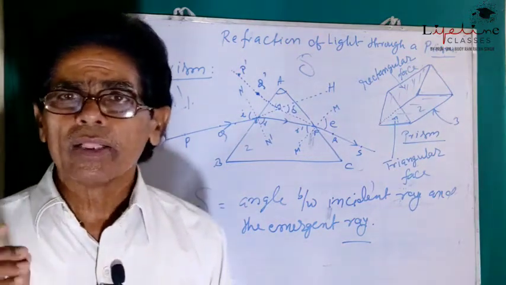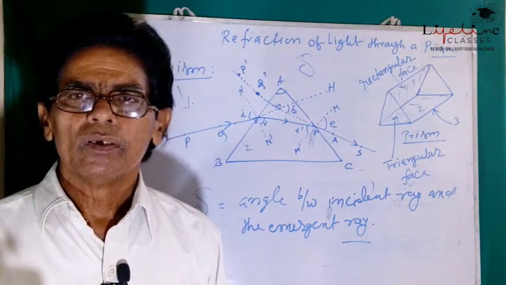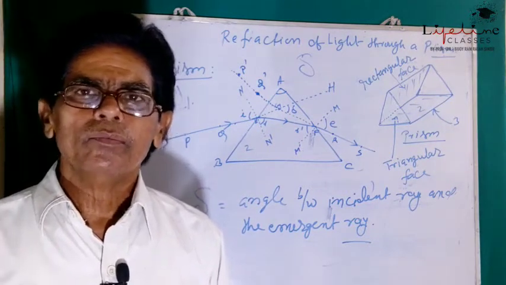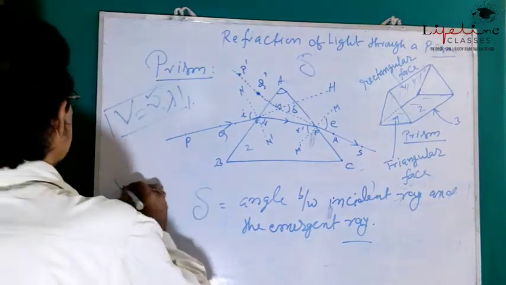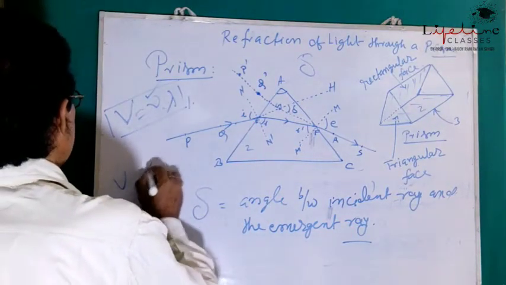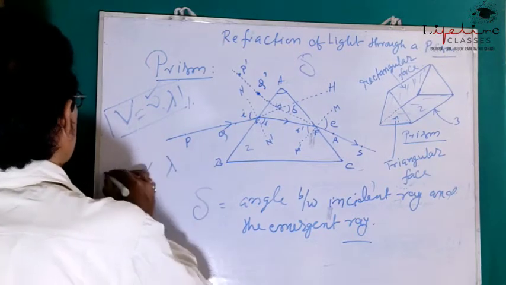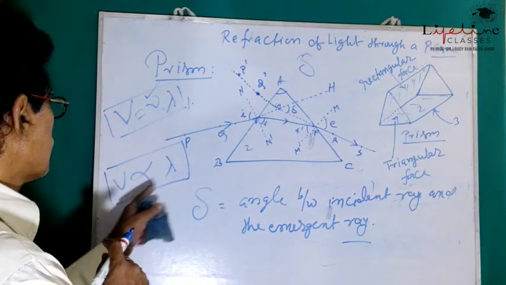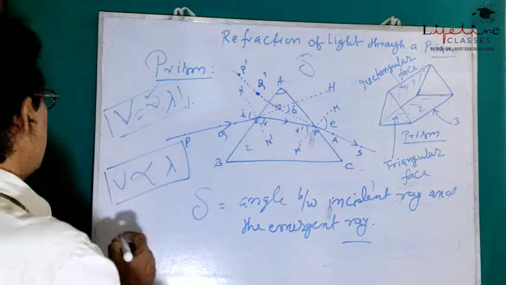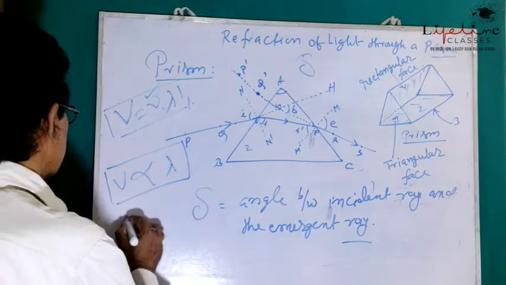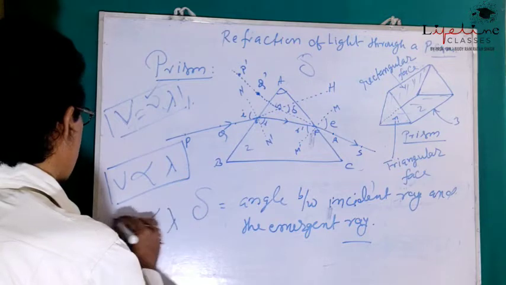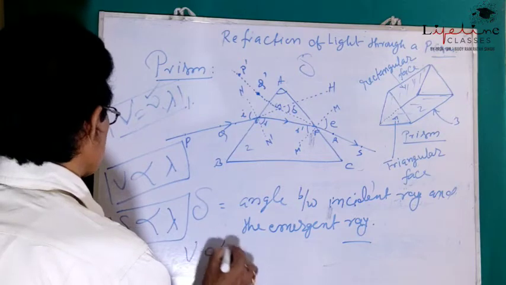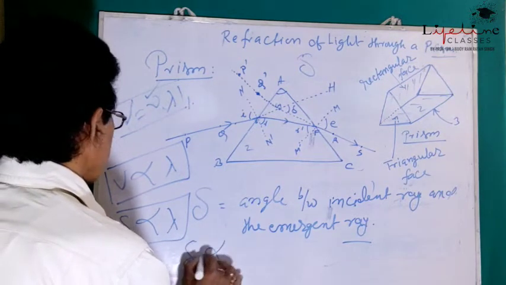Frequency of all the components is the same, so we can write V varies as lambda. V varies as lambda means velocity is directly proportional to lambda, and we have already discussed earlier that delta is directly proportional to lambda.